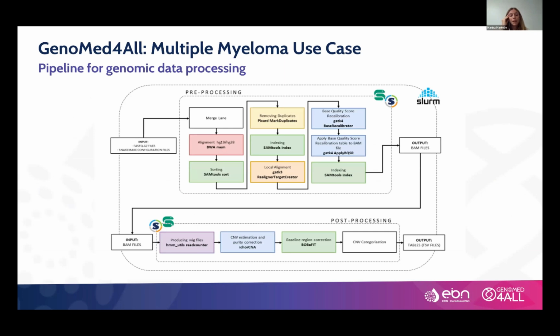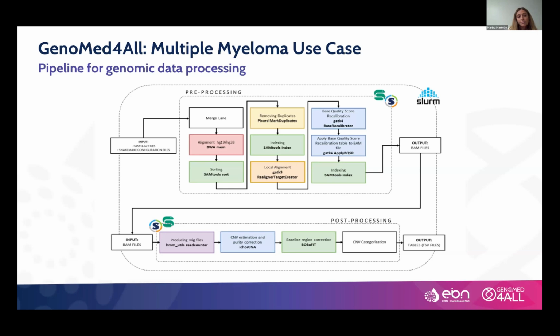The second step done by the Bologna group regards the pipeline for the genomic data processing. The pipeline is illustrated in this slide, and it has been optimized and uploaded to the Syneca platform. As you can see, this pipeline consists in a first part of pre-processing of genomic data.